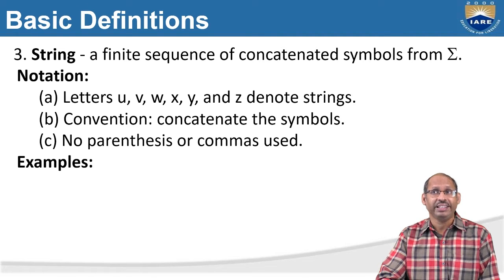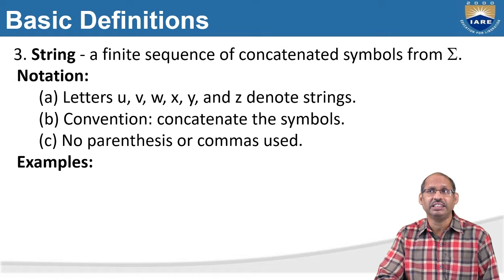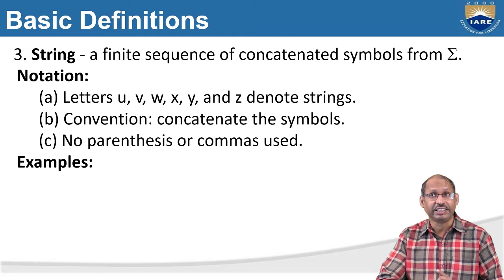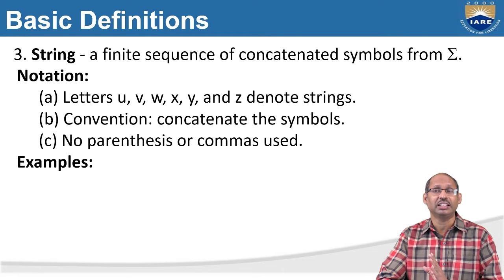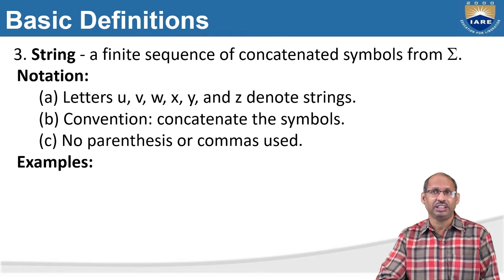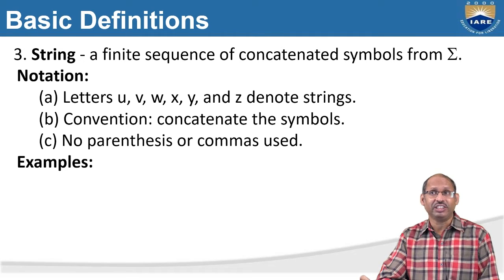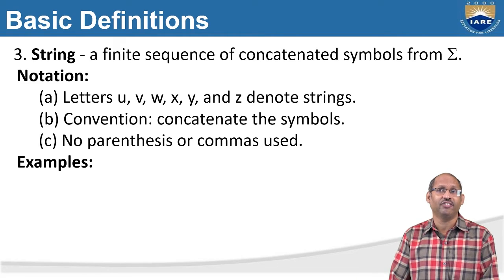A string is concatenated symbols from the alphabet. A string is always constructed on some alphabet, right? Generally we use the symbols u, v, w, x, y, z to denote strings. A finite sequence of concatenated symbols from some alphabet we call a string.